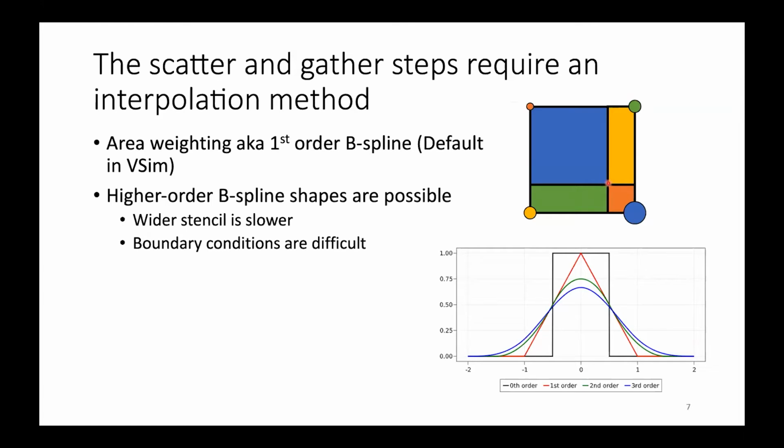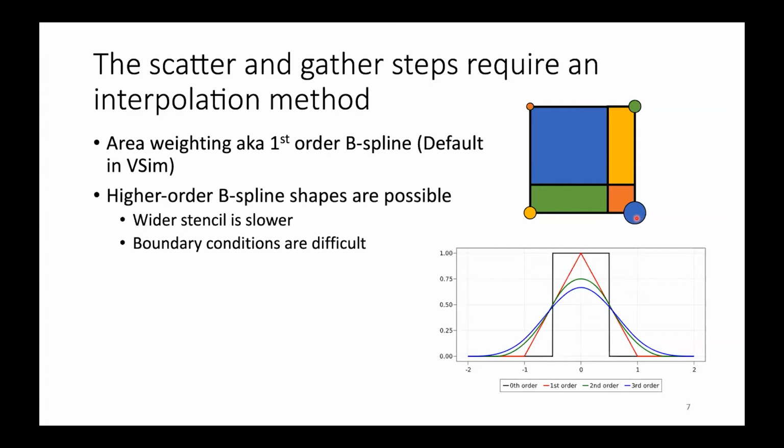Then each node gets the amount of charge that is proportional to the area of the square or the rectangle that is opposite it. So this orange node here gets only a little bit of charge. The blue node gets a lot of charge. And there's an obvious generalization of this to 1 dimension and 3 dimensions as well. This is what VSim will generate by default when you ask it to create a PIC algorithm for you.